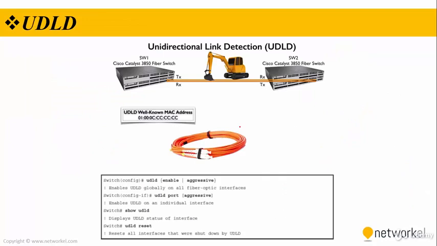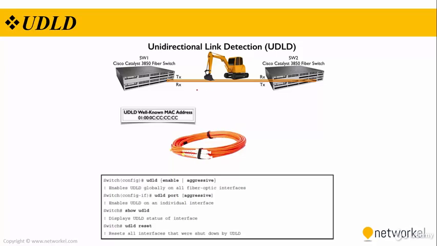UDLD also works with similar logic to loop guard. UDLD is a layer 2 protocol that simply behaves like a keepalive mechanism. UDLD configured interfaces send UDLD packets to the point-to-point port on the other end and receive UDLD echo packets from the opposite side.